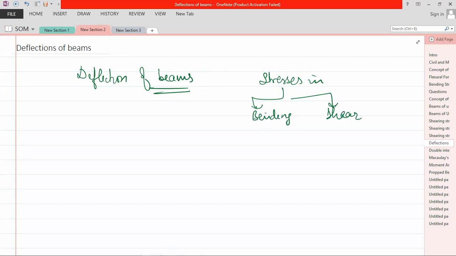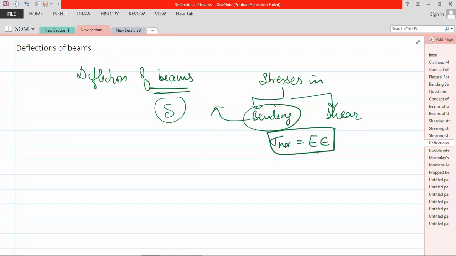Now, because of this bending stress, what is the deflection that originates in the beam? Because as we know, if we apply simple normal stress, then we can just derive from this equation what strain originates in a body. But when bending stress is there, what is the deflection that occurs in the beam?